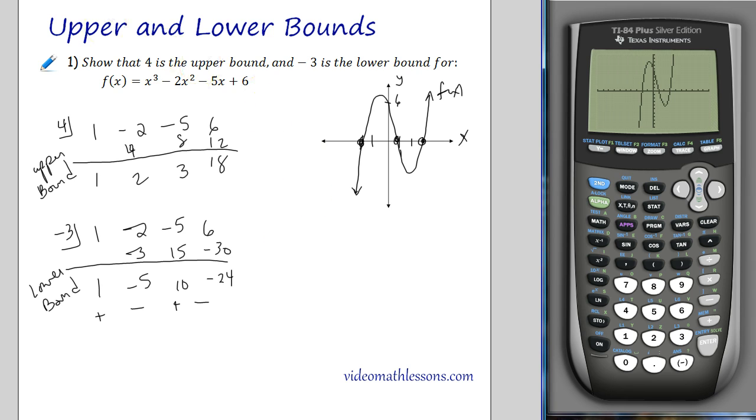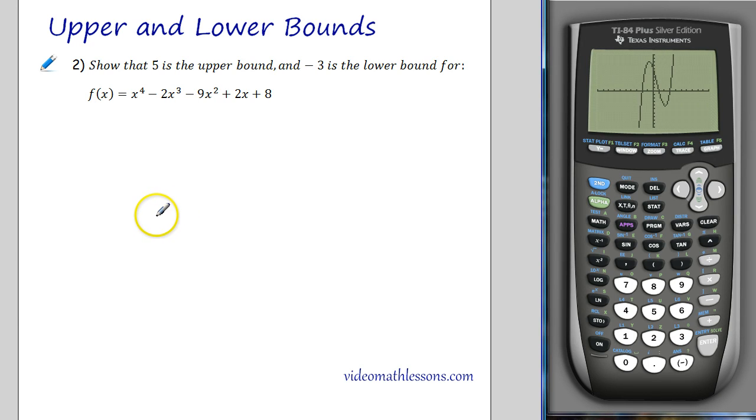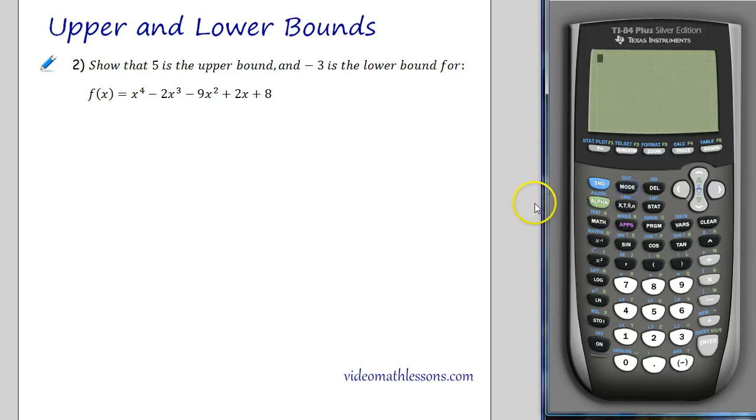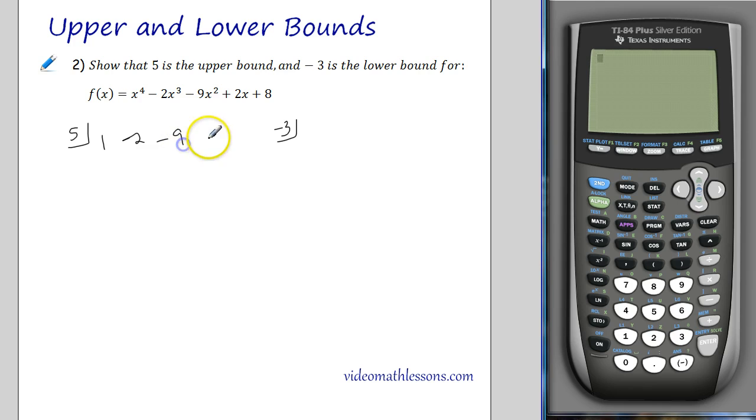So let's try another one. Number 2: show that 5 is the upper bound and -3 is the lower bound. Well, I didn't ask you to graph it, so I don't need to graph it. I'm going to use synthetic division. I'm going to check 5, and then I'll do it again and check -3. So we have 1, -2, -9, 2, and 8.